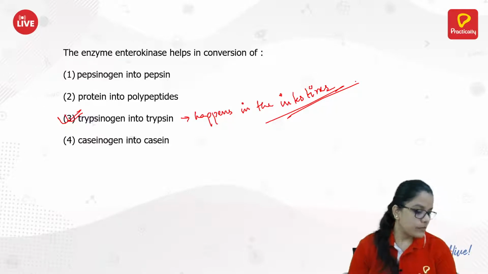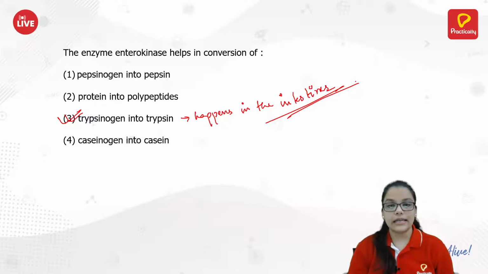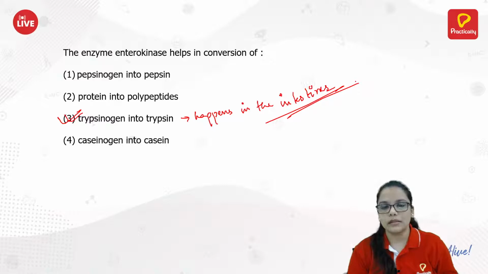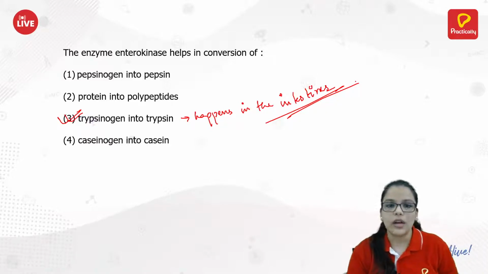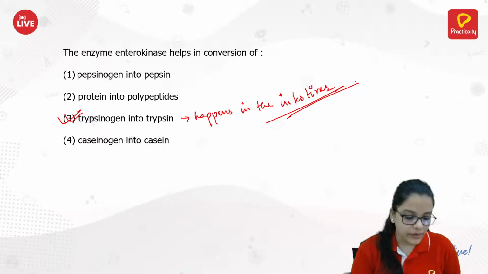Okay, so this is what happens in the intestines, and the trypsinogen is converted into trypsin. Okay, and with regards to that, a lot of other things also happen. There's digestion of food, etc. Okay, and it happens in the intestine.